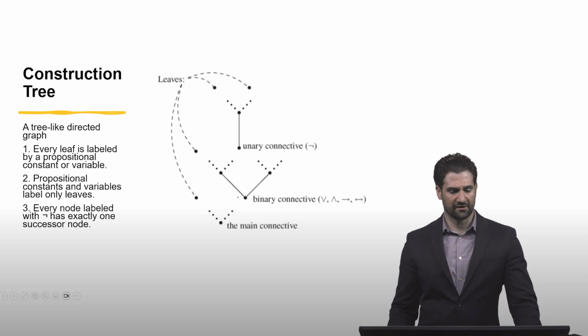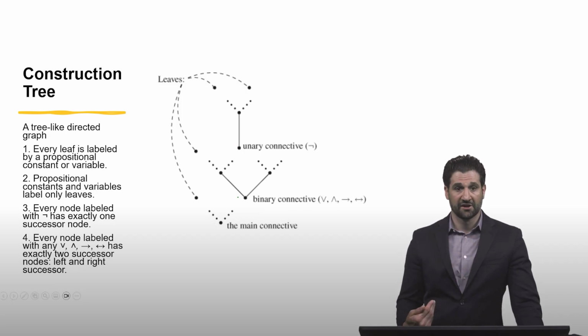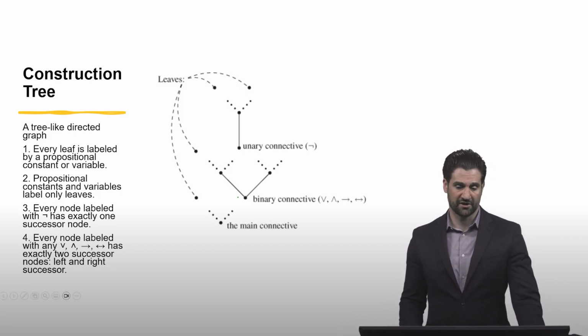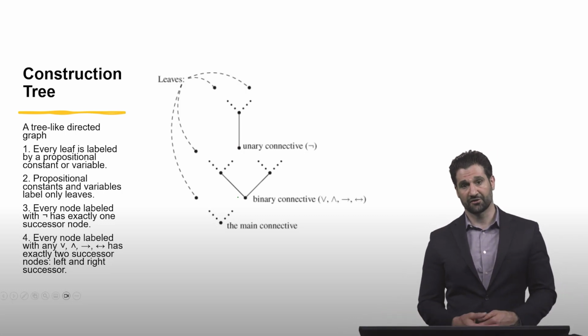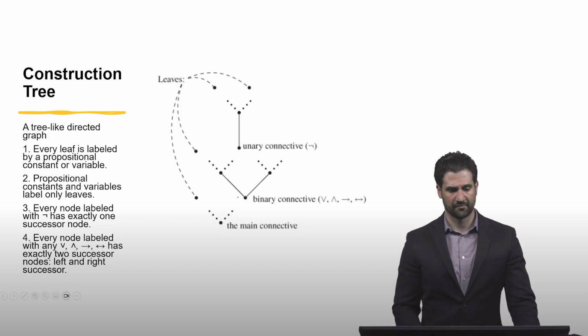Every node labeled with negation has exactly one successor node. And finally, every node labeled with any of the other logical operators has exactly two successors, one to the left and one to the right. And of course that makes sense because each of those logical operators requires two propositions.